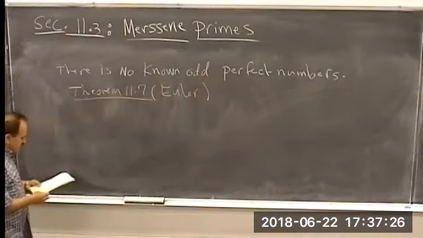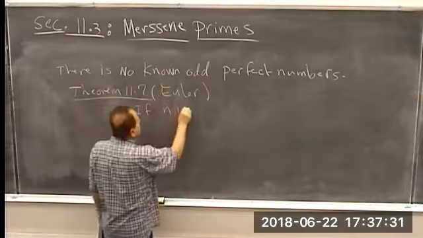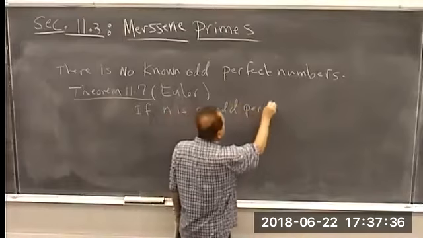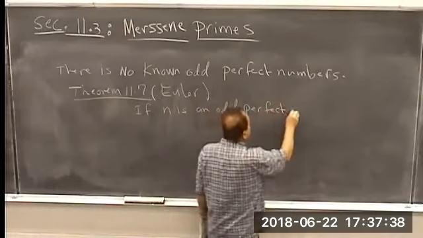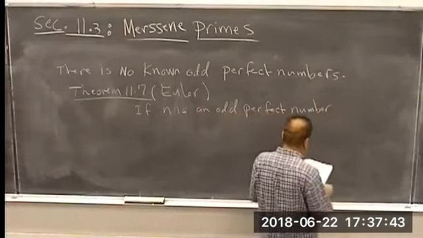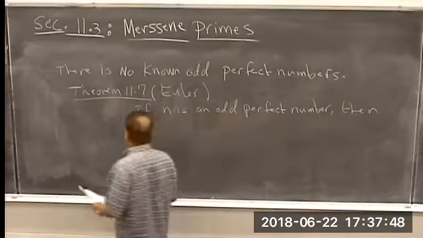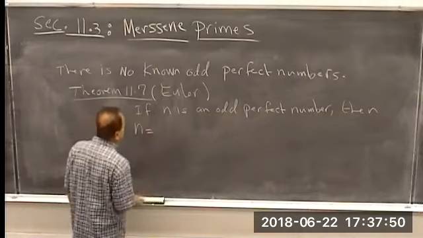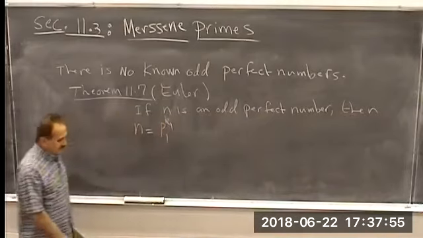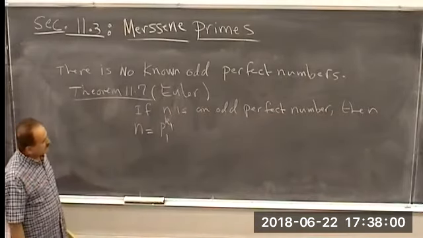All right, and it reads the following: if n is an odd perfect number, then the prime factorization of n is going to look like this: P1 to the K1, where P1 is an odd prime raised to an odd exponent K1.